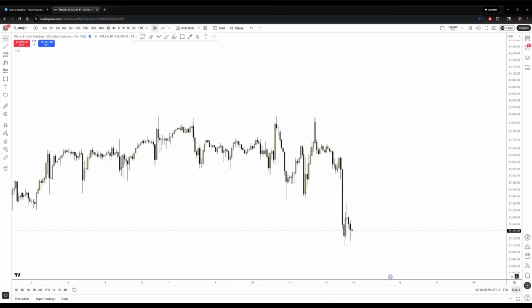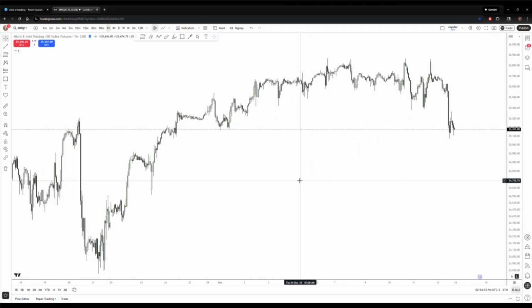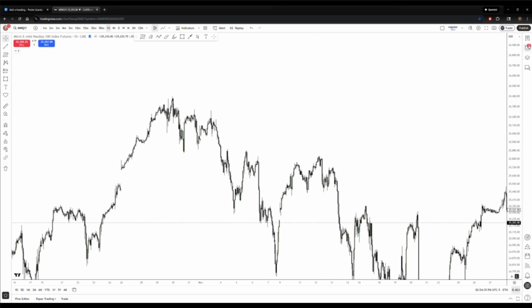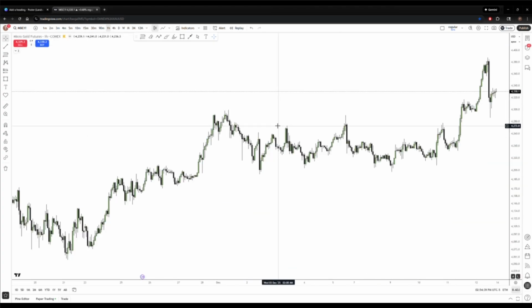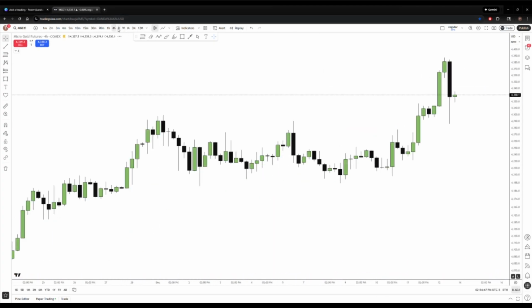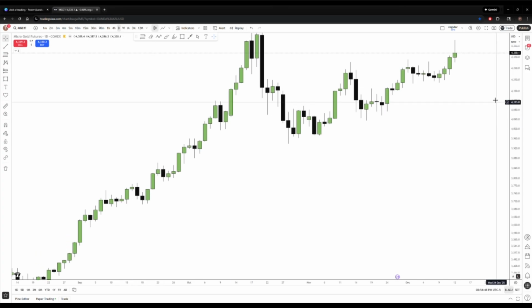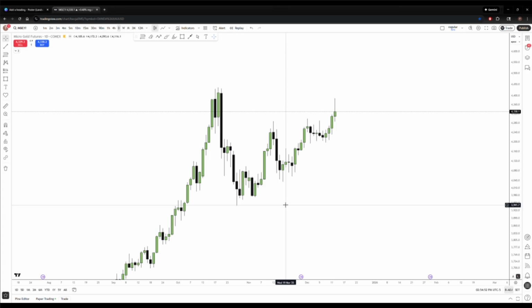When you have the charts in front of you, it's much easier. You have a visual. The other day when we marked up the chart, I knew where it was going to go because I had all the technicals marked up. Once I know how to mark it up, it's easy to follow the price and anticipate.